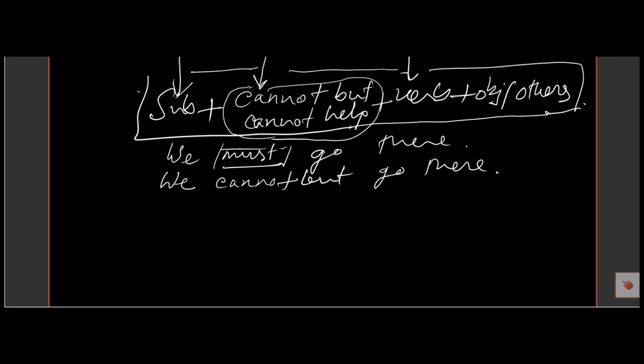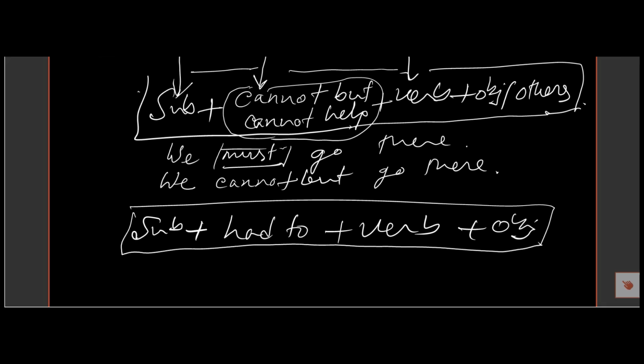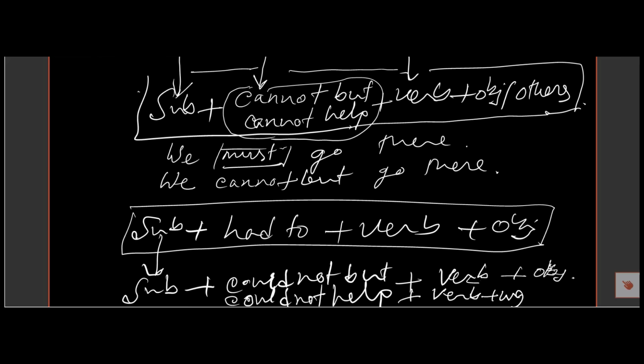But if we find subject plus "had to," then verb plus object, then we must write subject plus "could not but," or "could not help," then verb plus object, or if "help," then verb plus "ing" plus object.